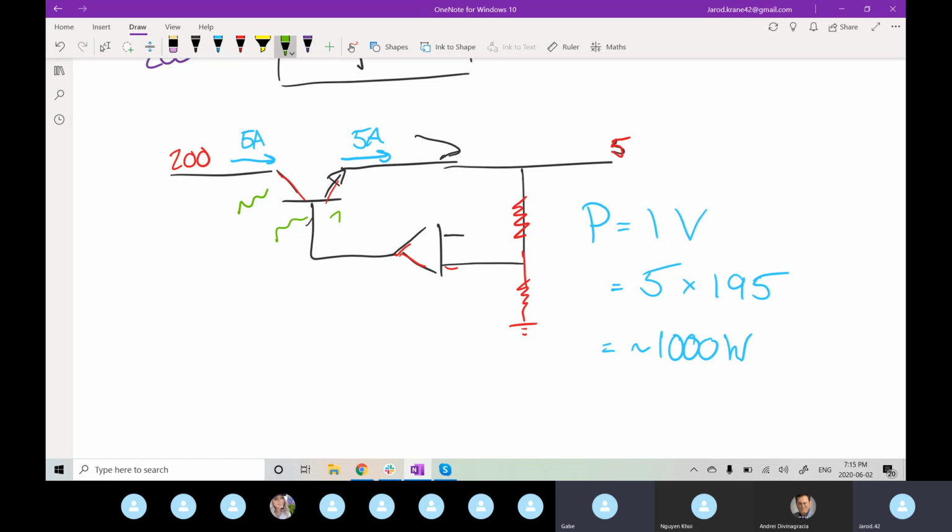That would be 200 times 5 amps, so that's your full 1,000. Then your power at the output is 5 amps times 5 volts, which is 25 watts. So if I buy a 1,000-watt power supply and put it in here, I've lost 975 watts of power, and you're only getting 25 watts out.